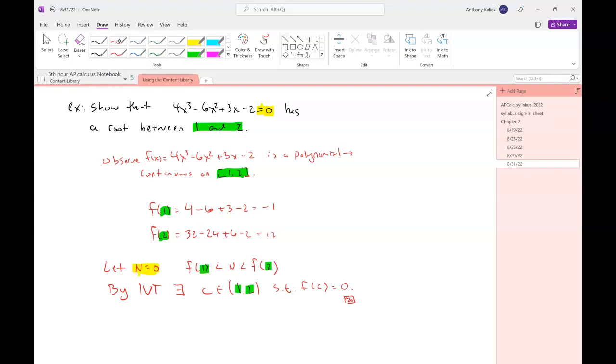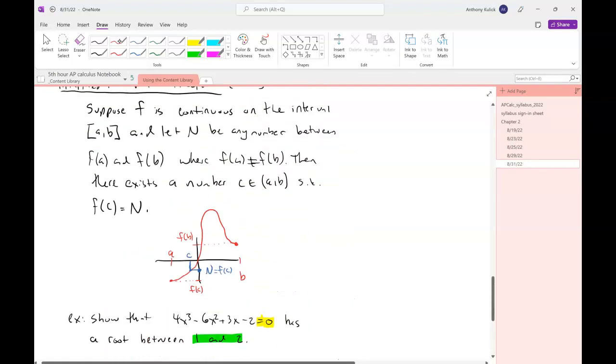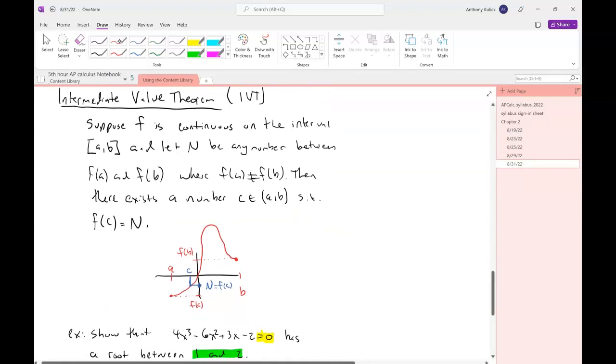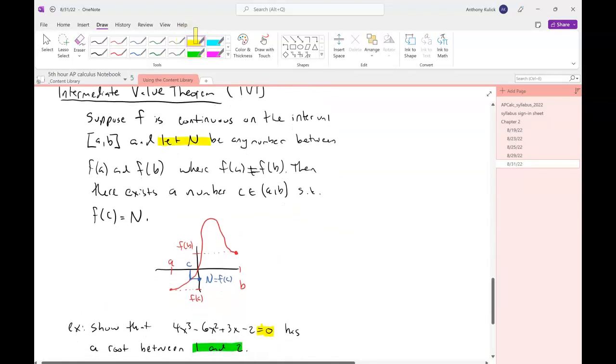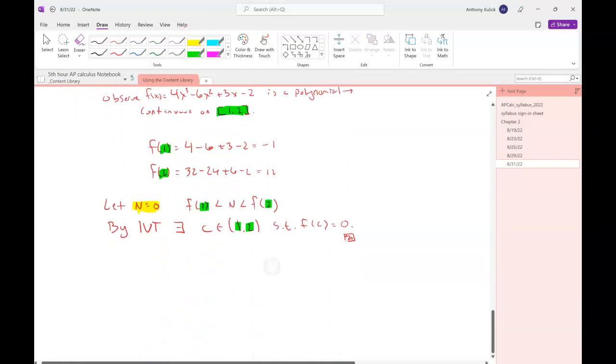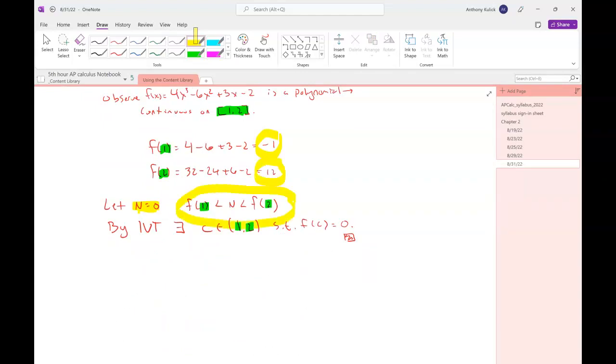What does everything else mean, like f of 1 is less than n is less than f of 2? If I look at the intermediate value theorem, it says let n be a number between f of a and f of b. So I found f of a, and I found f of b, and I picked an n in between them.